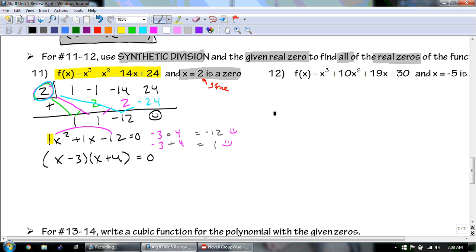I should have put this up here too. So I'm setting everything with the variable equal to 0. So I get that x equals 3, x plus 4 equals 0, so x equals -4. But then my final answer is to put all of my answers in order.